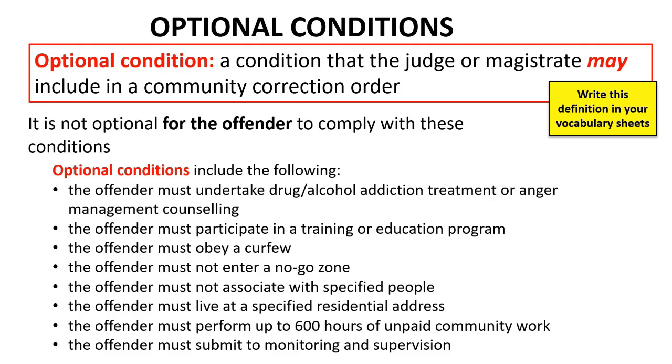For instance, an offender who has been convicted of vandalism may be required to spend time cleaning graffiti off public buildings. Finally, an optional condition might require the offender to submit to some kind of monitoring and supervision. For instance, the offender might be required to wear an electronic bracelet so that the authorities can track where the offender is at all times.